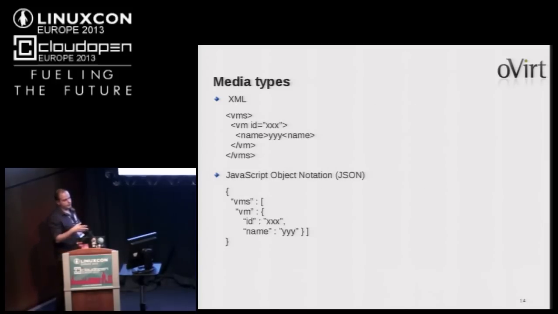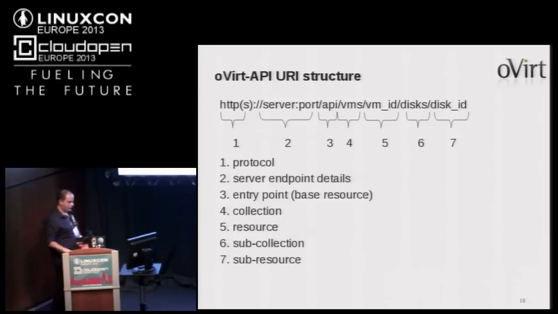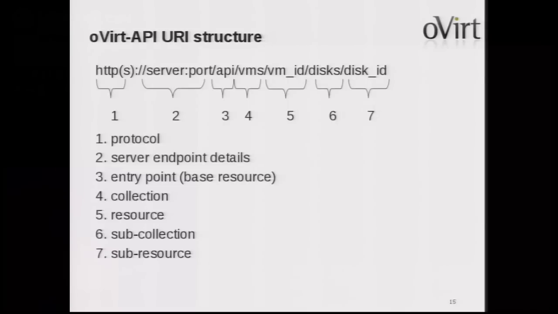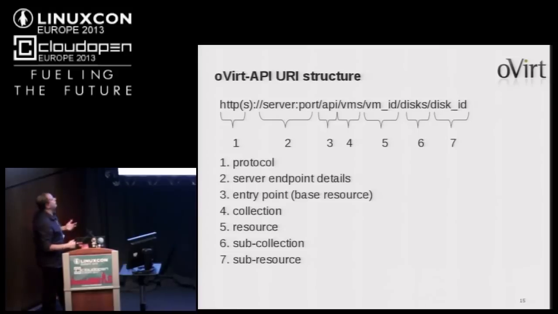Usually, it supports two different media types, XML and JSON. We support that as well. And when we're looking at the structure of a generic REST, and specifically in our environment, you have the protocol you're using, whether it's HTTP or HTTPS, the server and the port, basically the endpoint you're using, the API, which is the entry point for all the REST API.